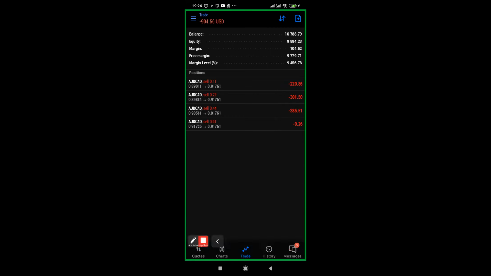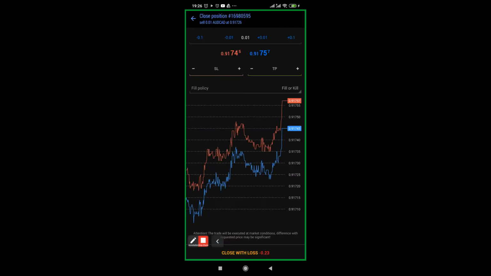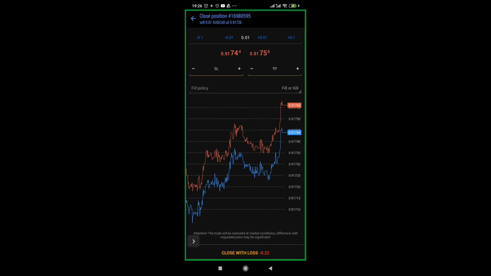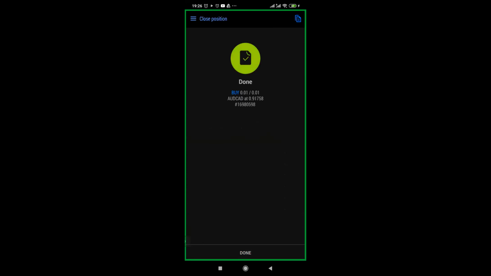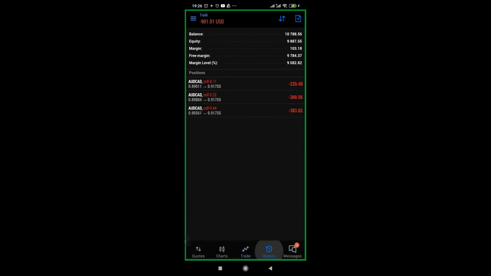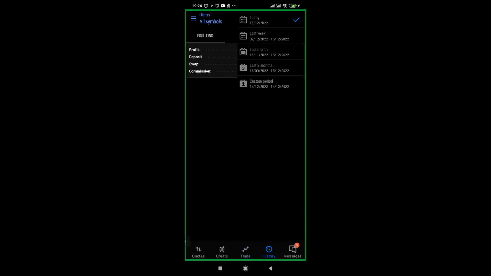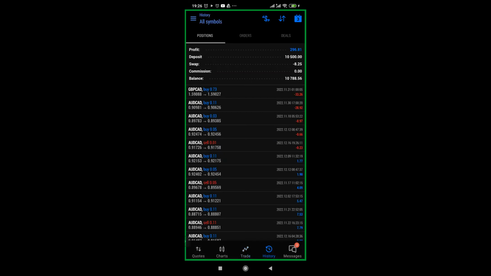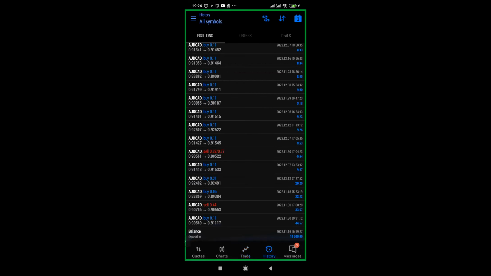So you want to click on the open trade, click on close position, and then you see close with loss. When you click on close with loss, immediately the trade is closed. And then if you go to history, you see the trade that was closed here.